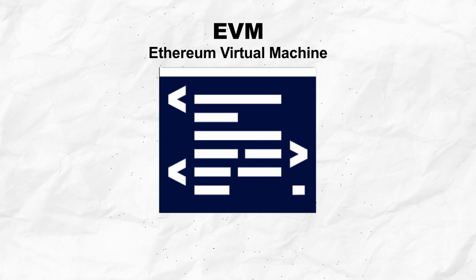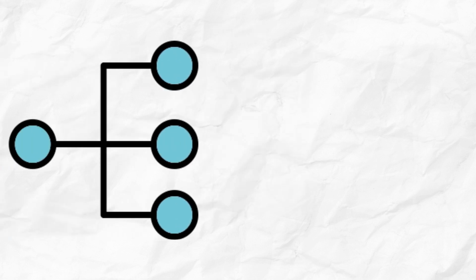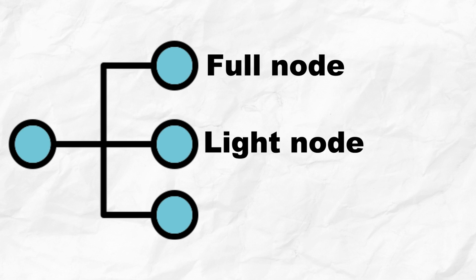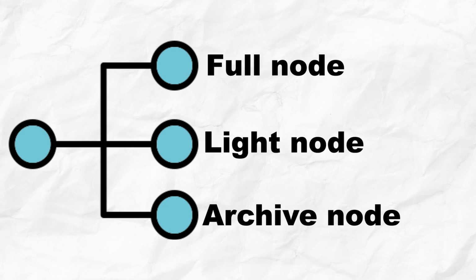More about the EVM is covered in a separate lesson in the next section. For now, all you need to know is that the EVM is the software that executes smart contracts and computes the state of the Ethereum network. There are three types of nodes: full node, light node, and archive node.